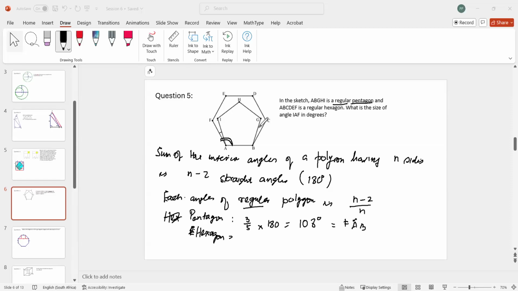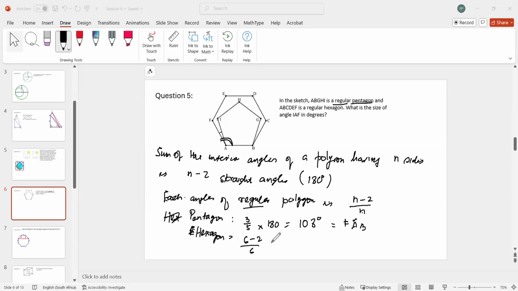Now the hexagon is the inside shape. The hexagon has 6 sides. So n is equal to 6, so 6 minus 2 divided by 6.